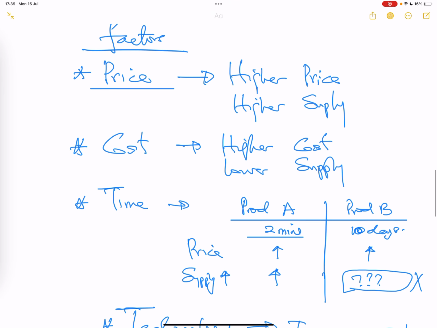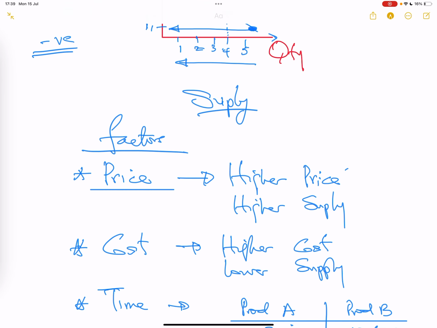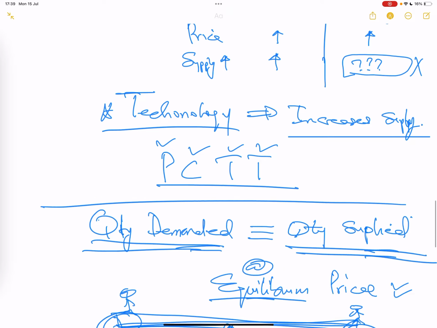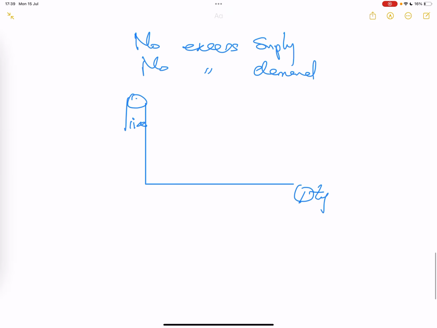Remember, we said the law of supply is that the higher the price, the higher the supply. So when price is going up, quantity supplied will also be going up. In that case, supply will be like this. So this is your supply curve. And remember what I told you, demand is always like this. So this is your demand curve.